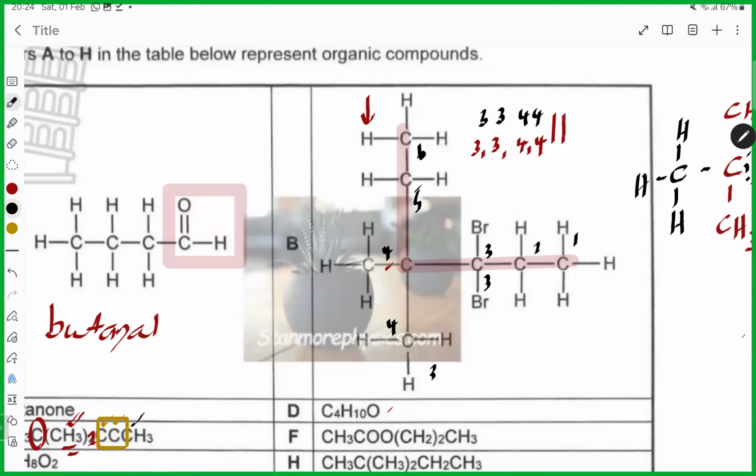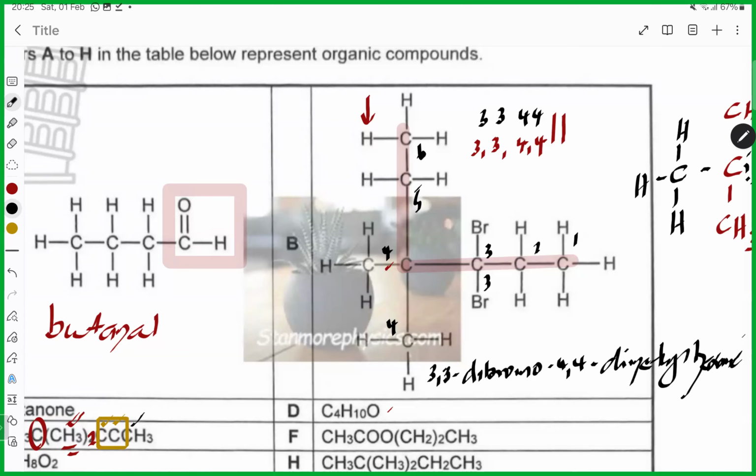You guys were right. 3,3-dibromo, 4,4-dimethylhexane. My apologies, gentlemen. I didn't see the 2 3s.